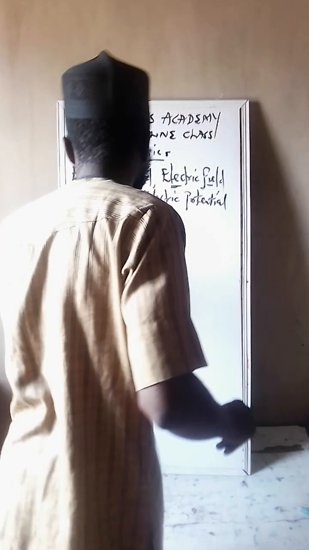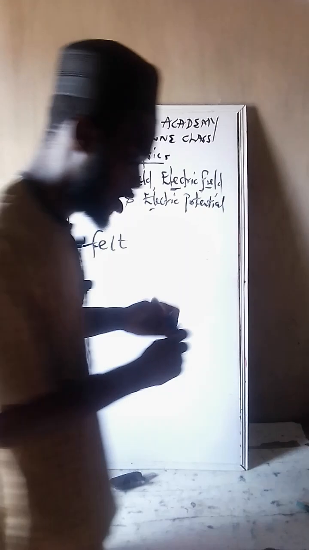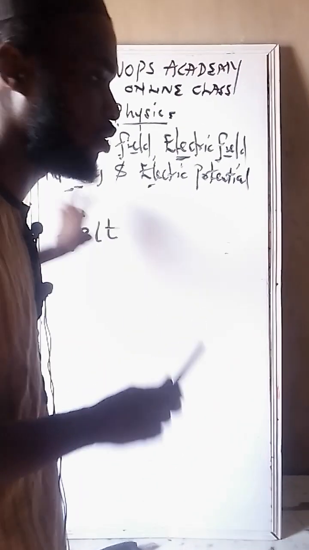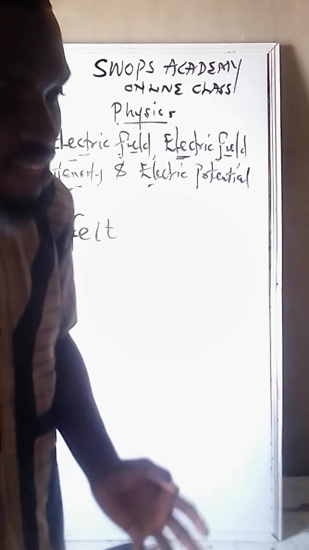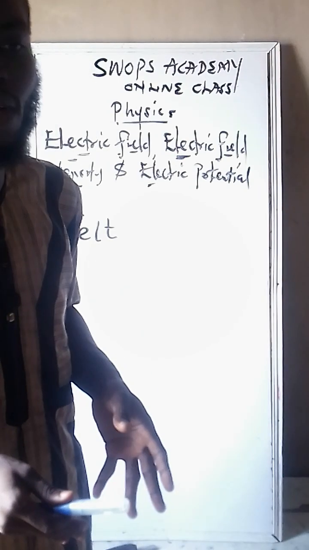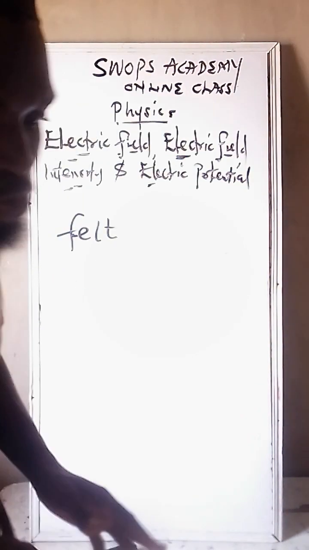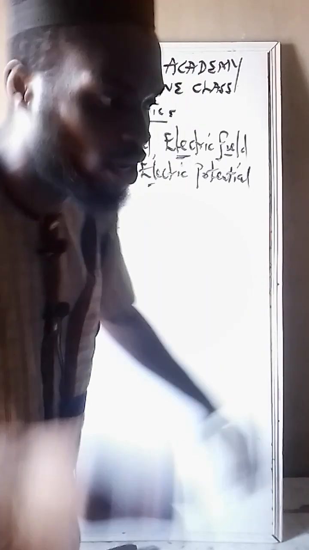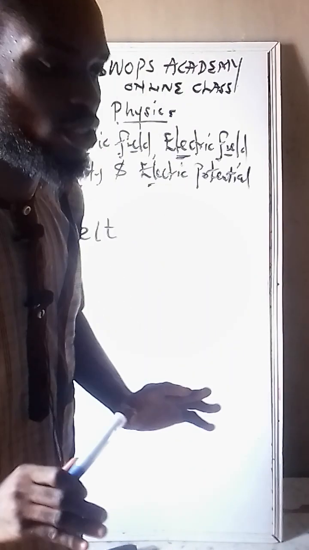Felt or experienced, you can use them as synonymous words. Where an action is being performed, we call that particular place a field in physics. So a place where they play football is known as a field, because what action are they doing there? They are passing the ball from one angle to another. So we call it that.